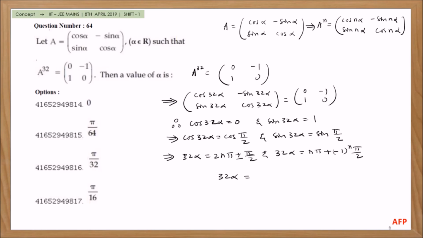So whenever you have even numbers, only the positive sign; you will take only the positive sign with even numbers. Okay, that is the intersection concept. So alpha is equal to, if I bring 32 to the other side, n pi divided by 16 plus pi divided by 64. Okay, when n is equal to 0, alpha is equal to pi by 64. So here option 2 follows.